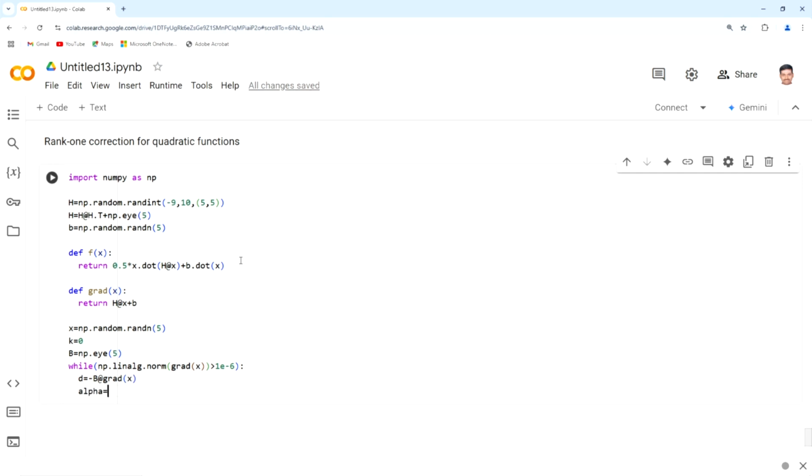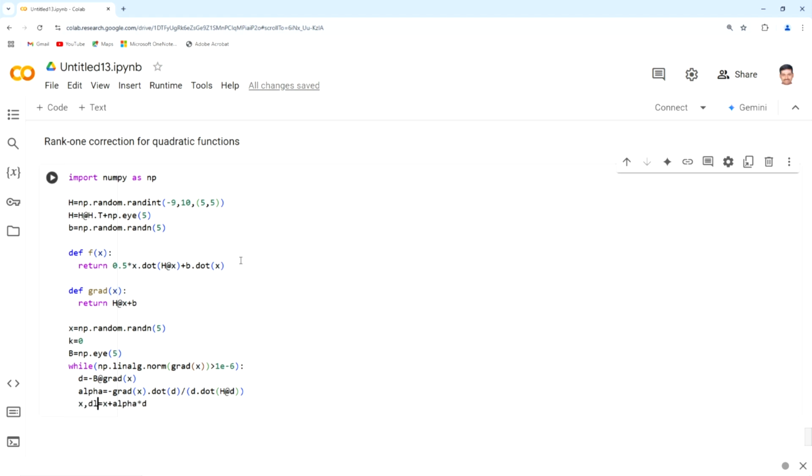And alpha, since this is a quadratic function, we will use exact line search, which is minus grad of x dot d by d dot h at d, okay.